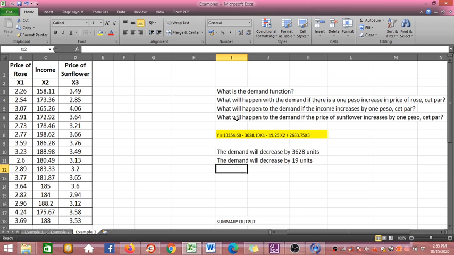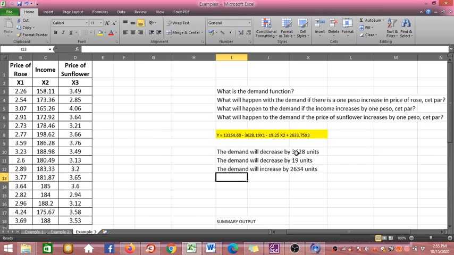And then, yung last question is, what will happen to the demand if the price of sunflower increases by 1 peso? So, the price of sunflower is represented by x3. So, the demand will, based sa sign dito, increase by 2633 units.